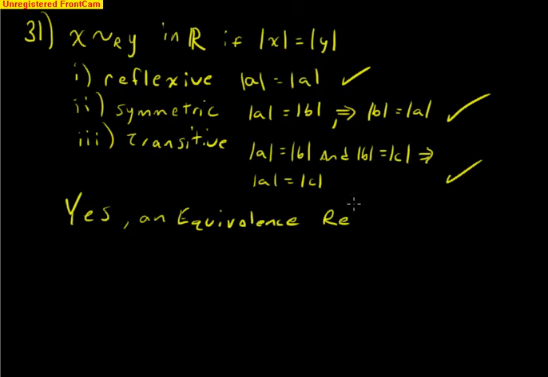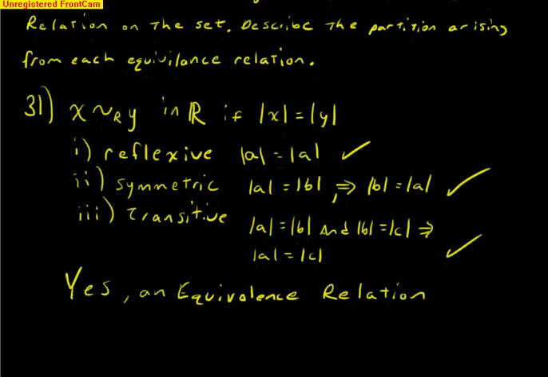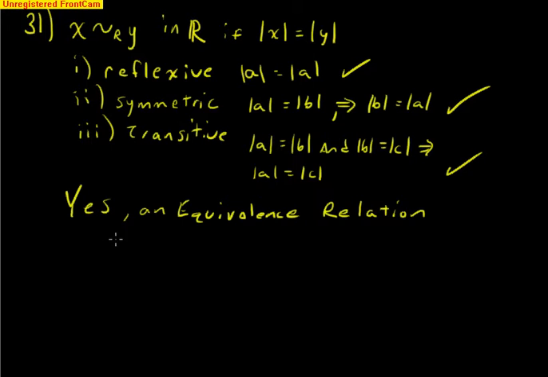But the problem is also asking us about the partitions. It says, describe the partition arising from each equivalence relation. So this is an equivalence relation. Well, what is this partition?